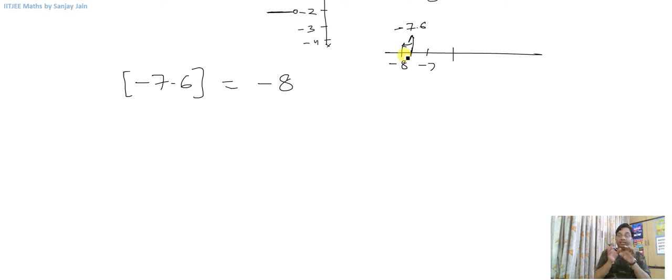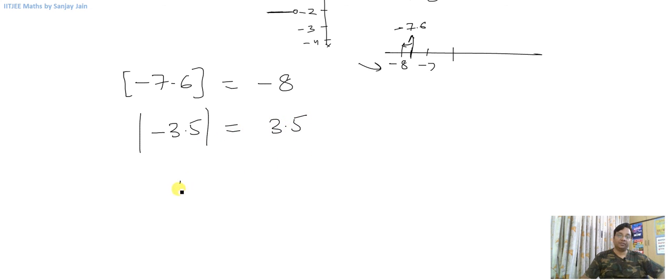You will be looking at the greatest integer that is just lesser than minus 7.6. Obviously it is minus 8. Okay. And let me ask you, mod of minus 3.5, what will it be? It will be equal to 3.5. Mod of 0 will be equal to 0.